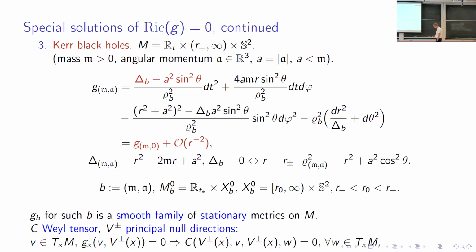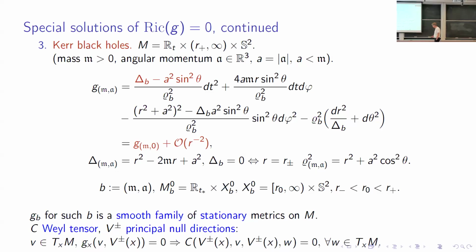Okay, of course we lose spherical symmetry, but Kerr still has a lot of symmetries. This is very interesting. One thing which is quite interesting are the principal null geodesics, principal null directions, which are very important for the construction of Kerr. So let me briefly recall what it is.